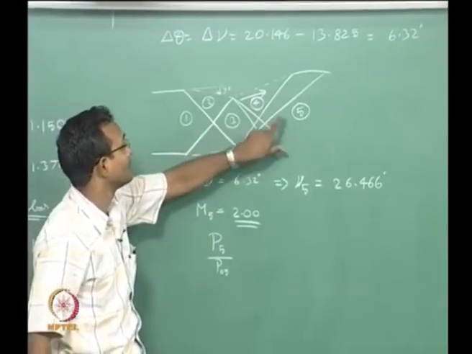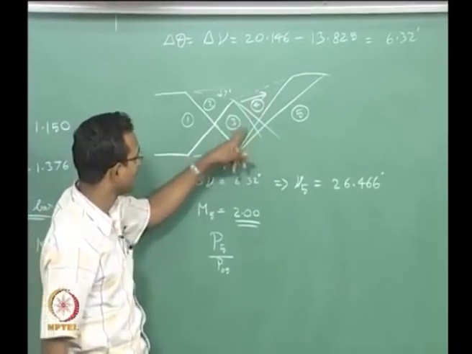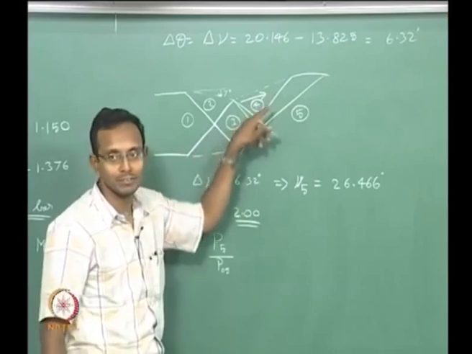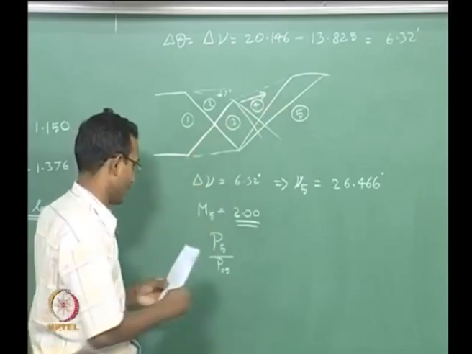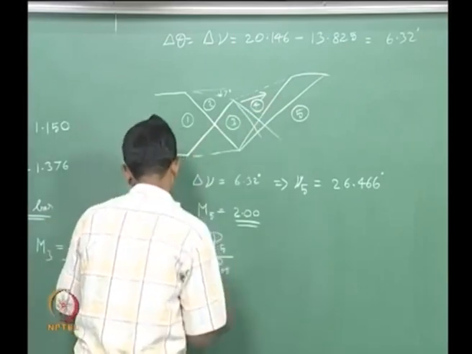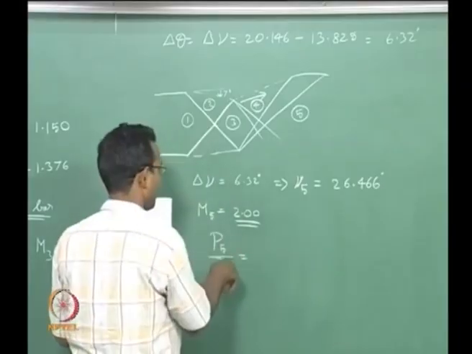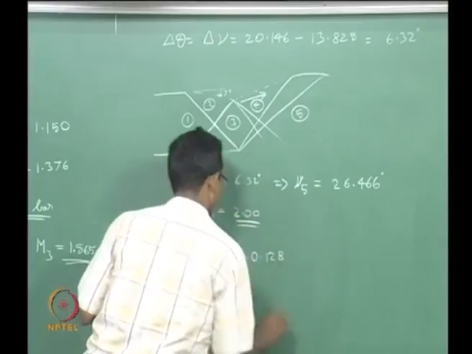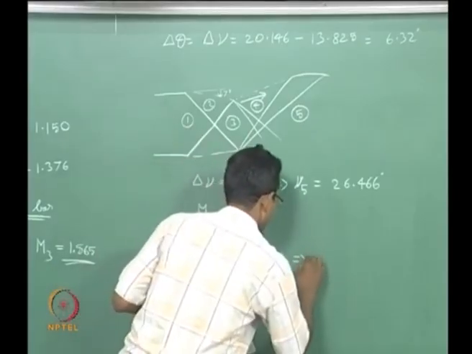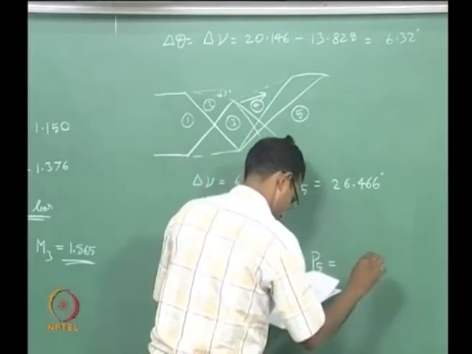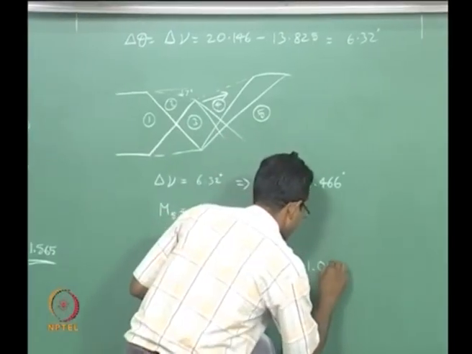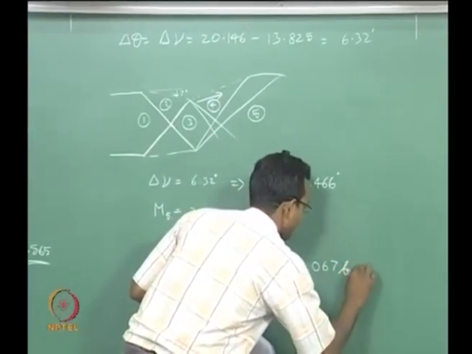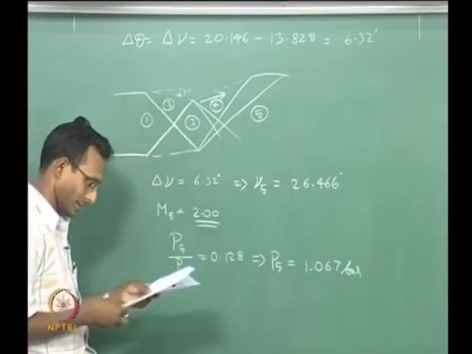P03, P04, P05 all are the same because these processes are all isentropic processes, P0 does not change. So I can find this ratio for this Mach 2 condition is 0.128 and that is going to give me my P5 as 1.067 bar.